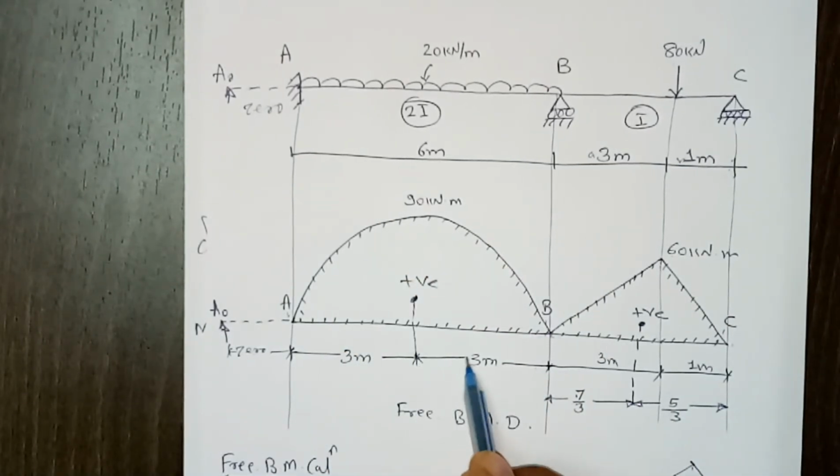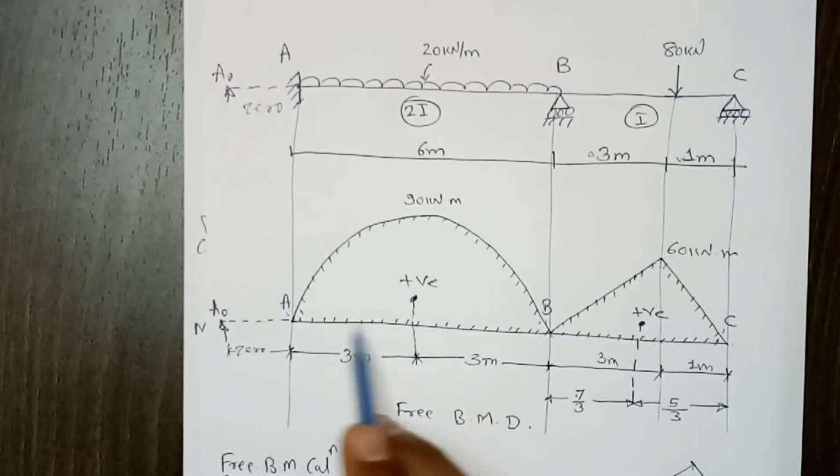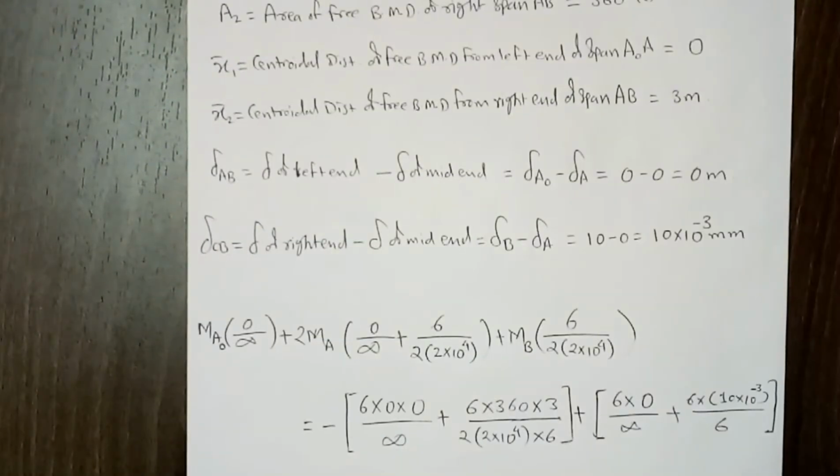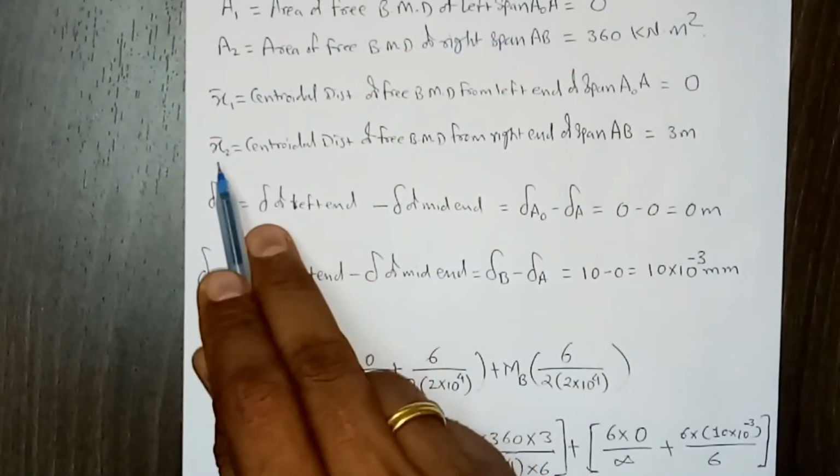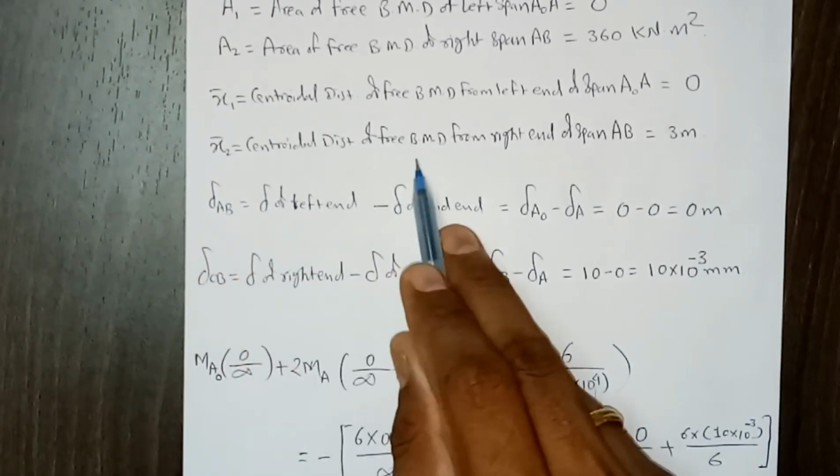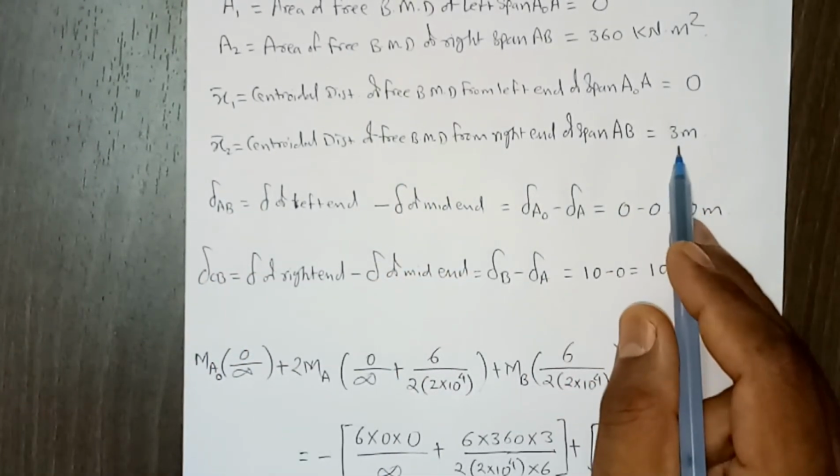So this will be our x2 for this 2 span, right? So the centroidal distance x2 bar is equal to 3 meters, since it is symmetrical, as we already calculated.